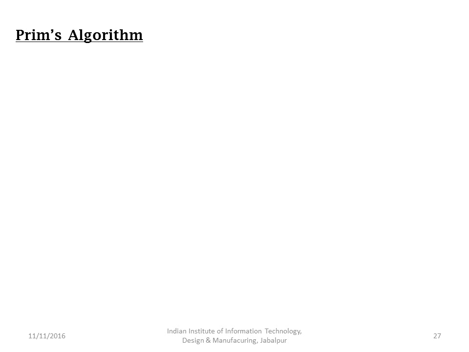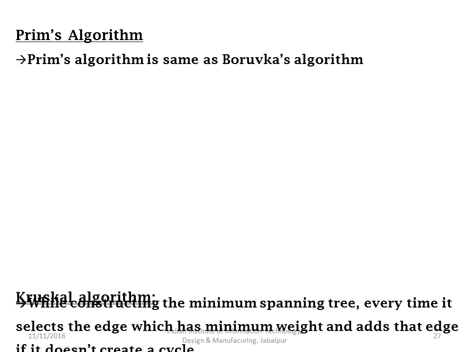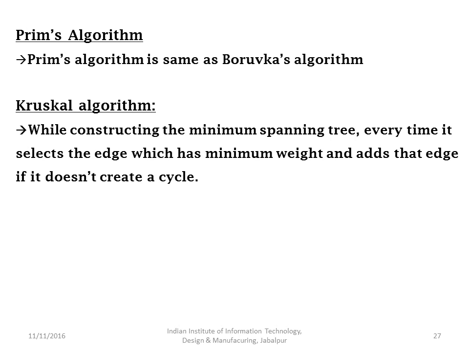So now we'll discuss about the other approaches that are used for finding the minimum spanning tree. For example, Prim's algorithm and Kruskal algorithm. So Prim's algorithm, it is being found that the Prim's algorithm is same as the Borovka's algorithm, and the Kruskal algorithm, while constructing the minimum spanning tree, every time it selects the edge which has the minimum weight and adds that edge if it doesn't create a cycle.